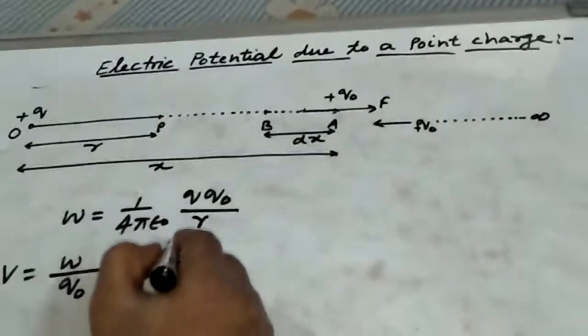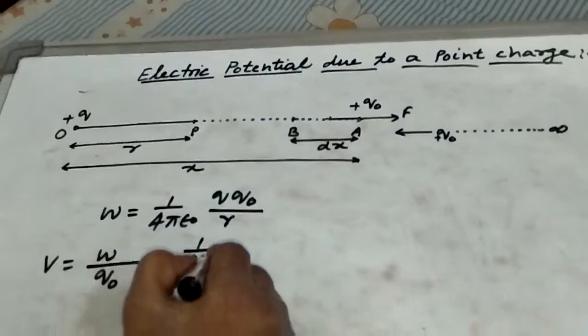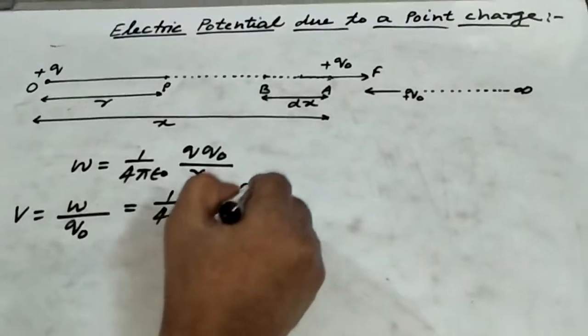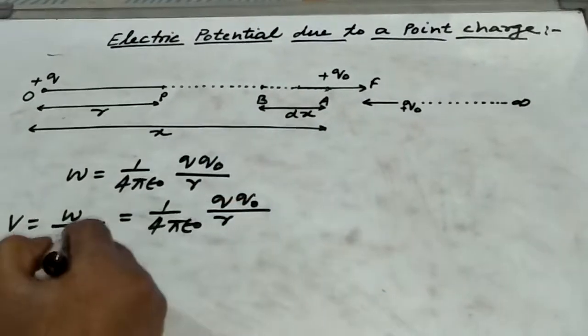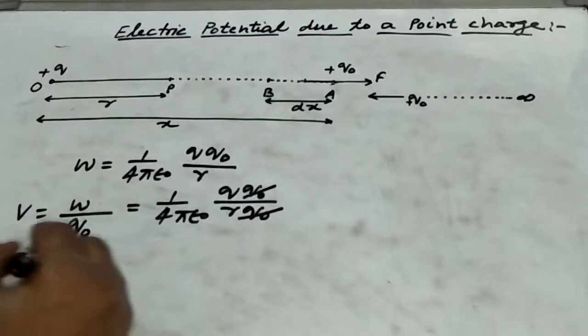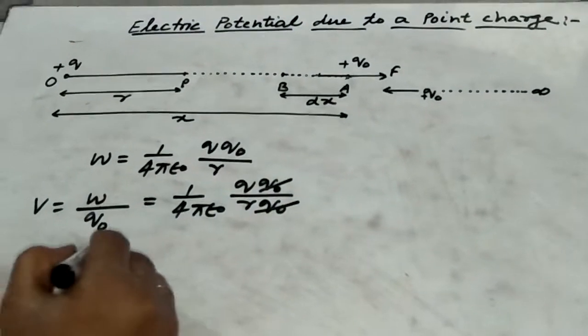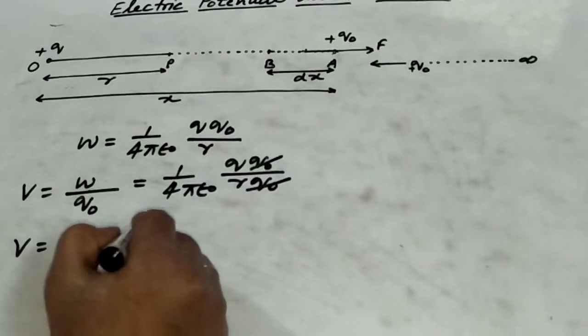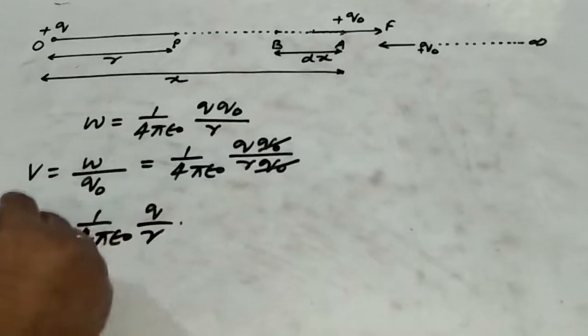So you can say this is equal to 1 upon 4 pi epsilon naught Q naught upon R, divided by Q naught. Now this Q naught is cancelled by Q naught, and you can say electric potential V is equal to 1 upon 4 pi epsilon naught Q by R.